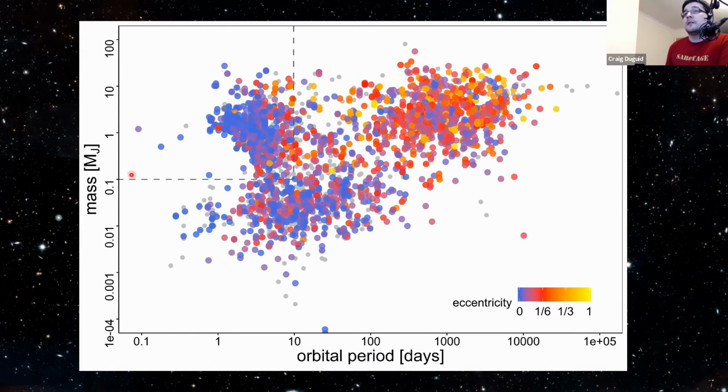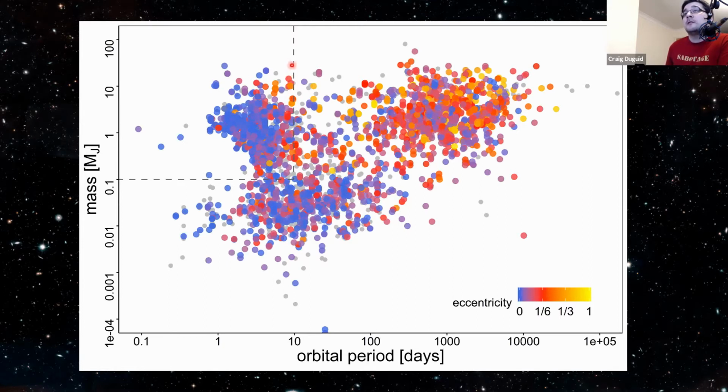The planets of interest are these planets up here, which are called the hot Jupiters. These are massive planets, a tenth or more of the mass of Jupiter, on short period orbits, 10 days or less, which means they're very close to their host star, within the orbit of Mercury, for example.